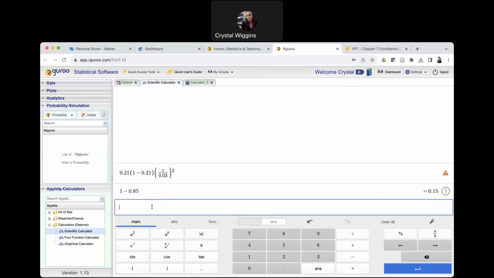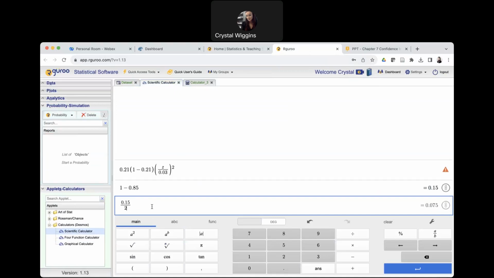And we do that because we know the standard normal curve is symmetric, meaning exactly 50% of the area is in the bottom half and 50% of the area is in the upper half. So if I know the total area that is in the two tails is 0.15, then to find out how much is in the left tail and how much is in the right tail, I just simply divide it by 2.